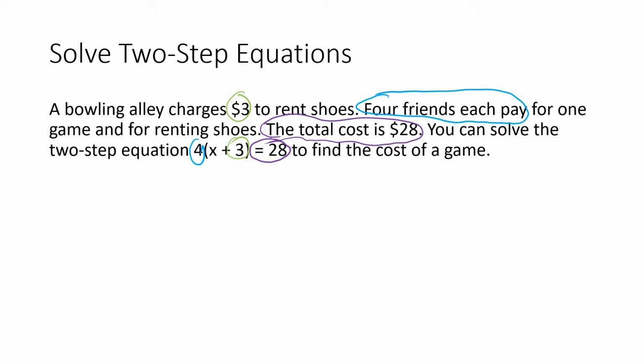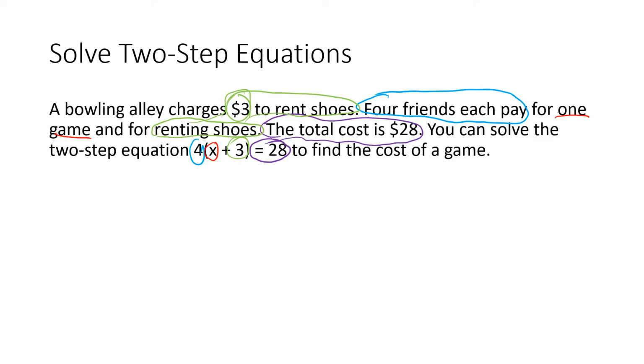So that is 4 friends pay for one game. That's going to be our x. We don't know how much each game costs, but they pay for the game and for renting shoes. And here's the renting shoes, we know that the renting shoes is $3 because it says that right here. So those are the components and where we found them in this problem, right?